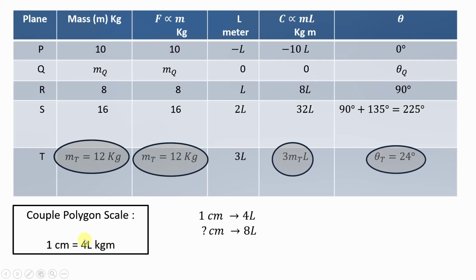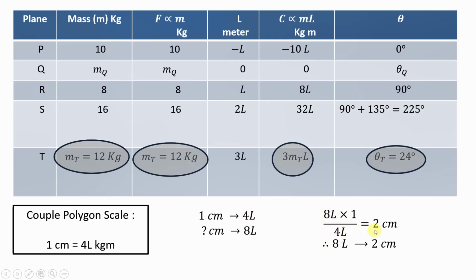Therefore, we have taken this 4L as our scale. So 1 centimeter represents 4L. Then 8L will represent how many centimeters? So it will be again cross multiply this 8L by 1 divided by 4L. So this L will get cancelled.